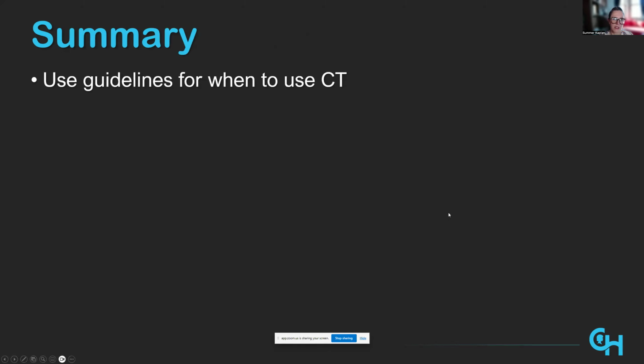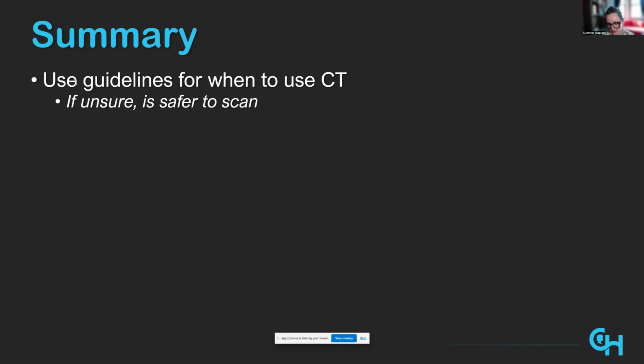So in summary, there are guidelines. Typically, the PECARN guidelines are the ones that I use and I would recommend. There are other guidelines that are also useful, so it's not the only guidelines, but it's what I tend to use for when to use CT. If you're unsure, it's generally safer to scan.